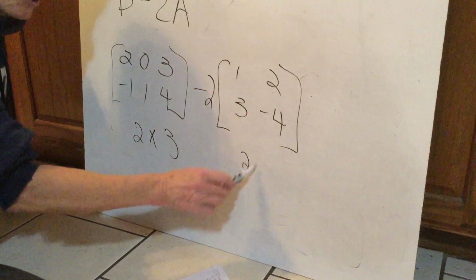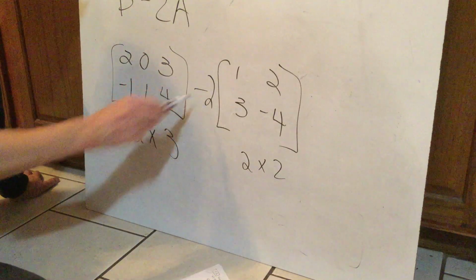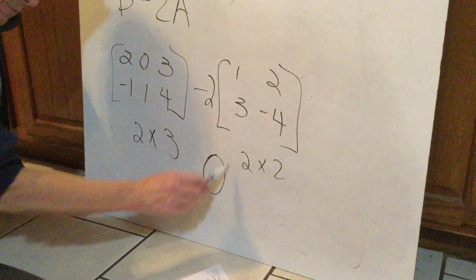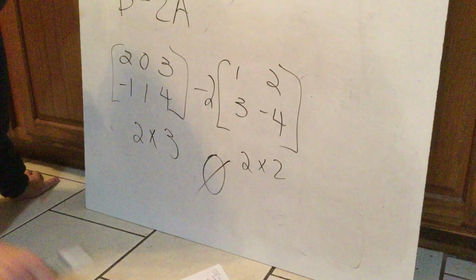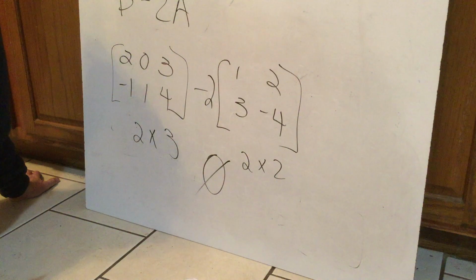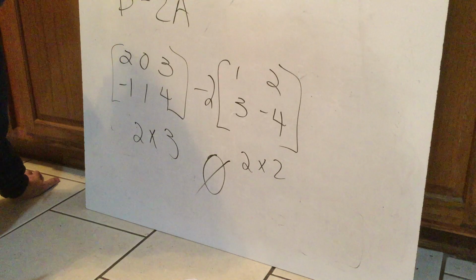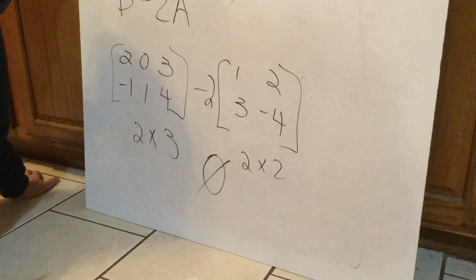This matrix has 2 rows and 2 columns. Can those be subtracted? No. They cannot be subtracted. They cannot be added because adding and subtracting require you to have exactly the same size of matrix.